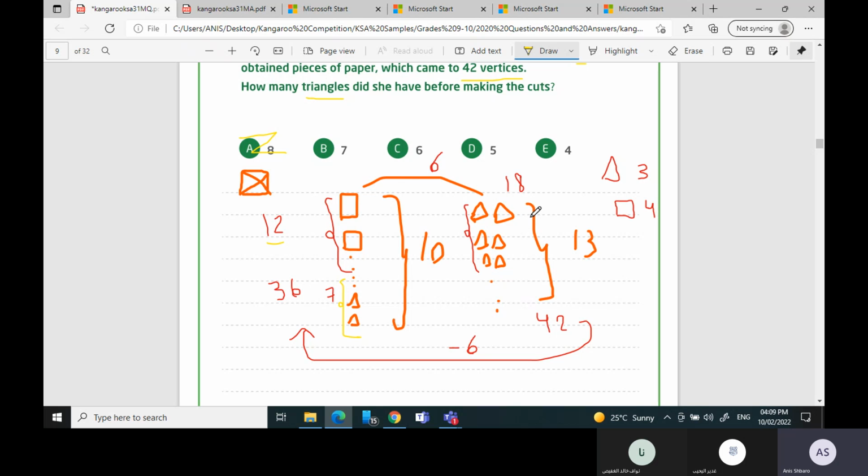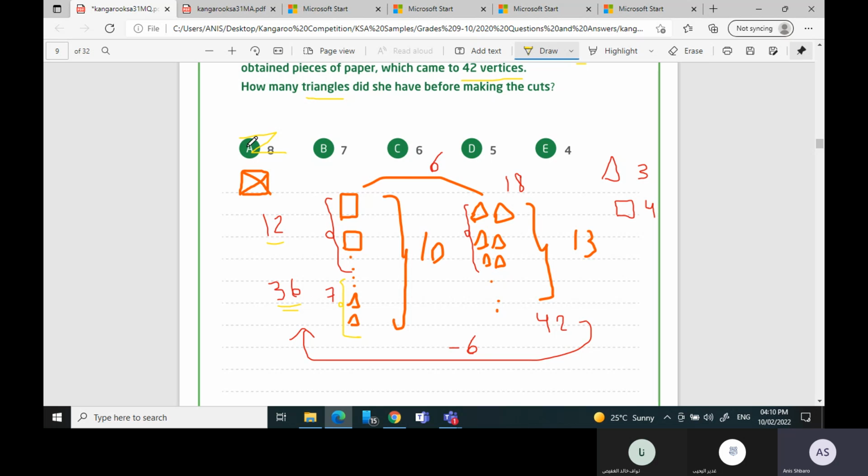So 3 multiplied by 6 is 18 vertices. So from 12 to 18 I'm dealing with an increase of 6 vertices. When she tells me that there are 42 vertices, I can tell her, okay, I'm going to deduct the 6 that you had as an increase, and I'm going to obtain 36 vertices initially. Okay, so she started with 36 vertices.